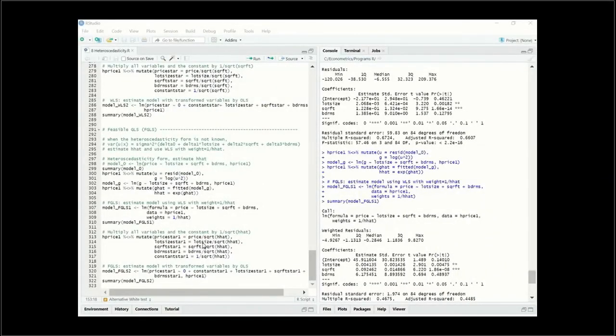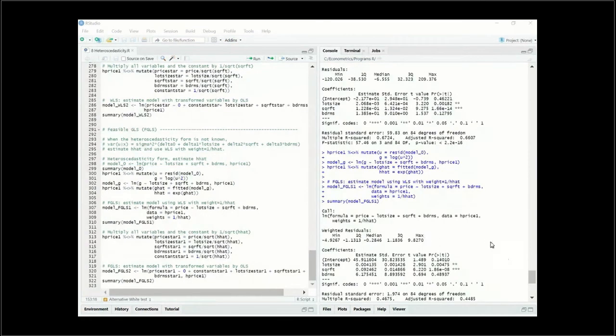So now we can estimate a regression model using these transformed variables that have stars on them. Here we would have the price star regressed on, and we're not going to have a constant because we transformed the constant for the model, and then each of the independent variables is transformed.